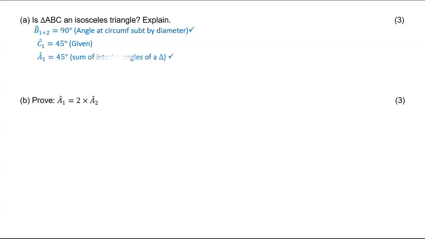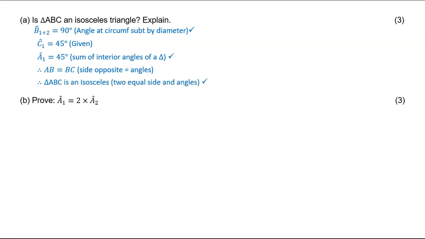Therefore, A1 will be 45. And that means that AB will be equal to BC. Sides opposite equal angles. So basically, it's two equal sides that are opposite to two equal angles. And therefore, I can conclude that triangle ABC is an isosceles triangle, two equal sides and two equal angles.